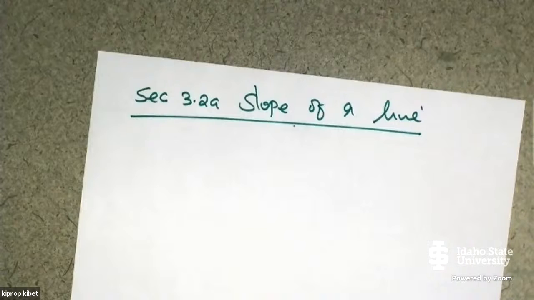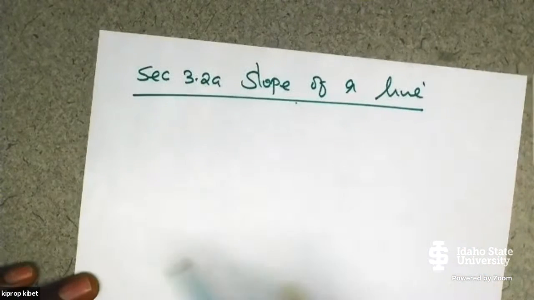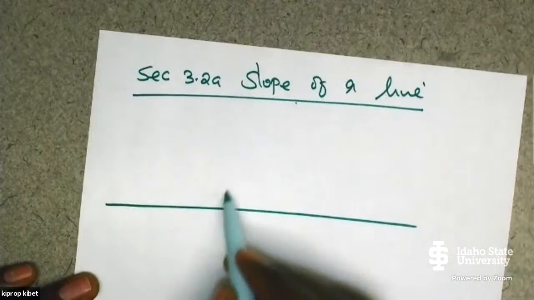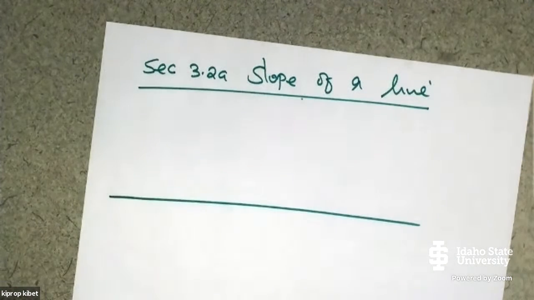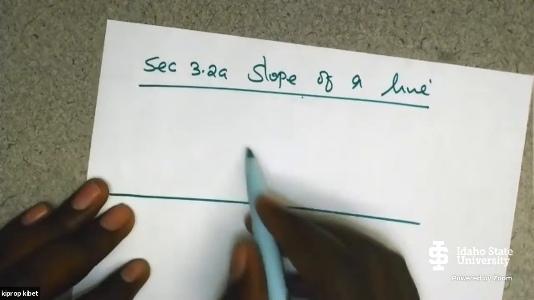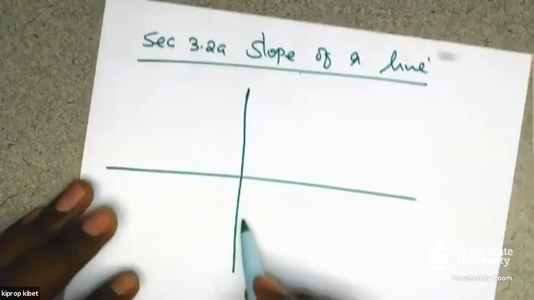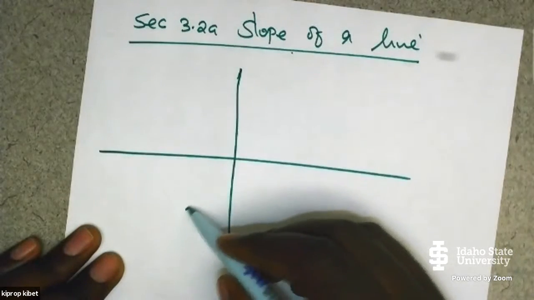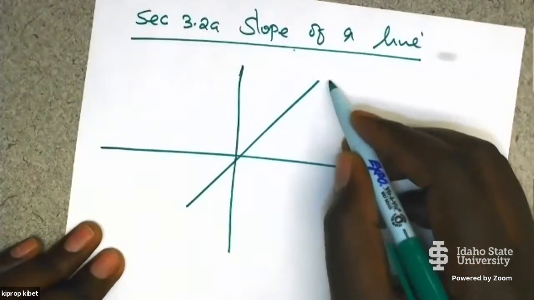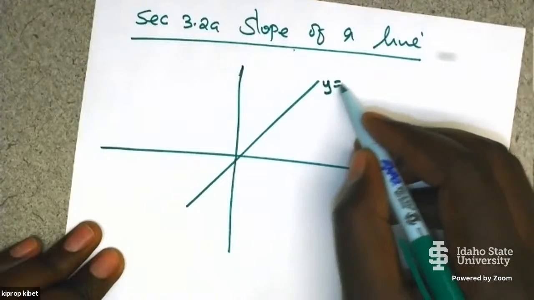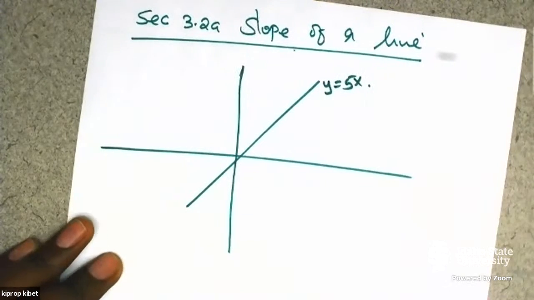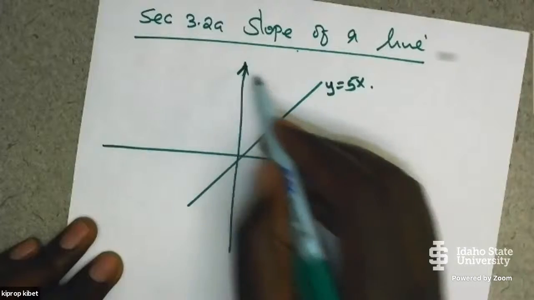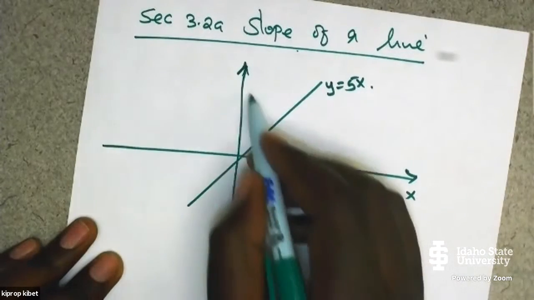Is anyone familiar with it? The slope of the line. So if we had, okay, I can do this. Let's say this one is the equation y equals 5x, okay? And this is x, and this one is y.